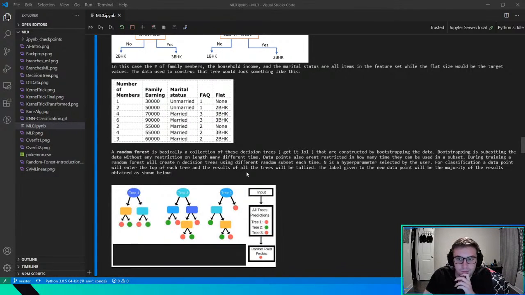I guess there's a little lag, so I'll wait. Have I started talking about random forests yet? Okay, not too long. I'll start back at random forests then.